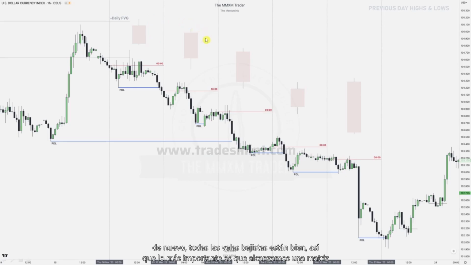Again, all bearish candles, right? So most importantly, do we hit a higher time frame array? Yes, we did, right? That daily fair value gap, that bearish daily fair value gap. And then we start to break structure lower, outlining the previous daily lows. Easy draw on liquidity, and all the daily candles will close bearish.